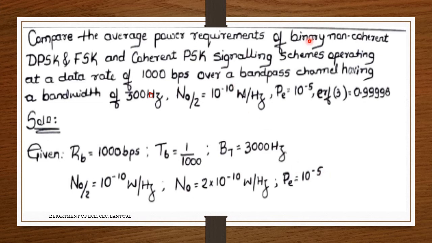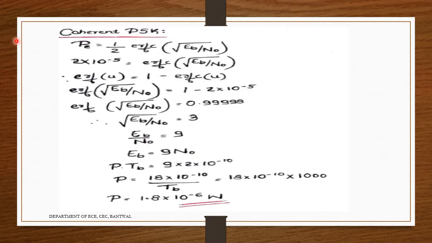So what we need to do is calculate it for coherent PSK, FSK and DPSK. We'll see here one by one. Coherent PSK is nothing but P is equal to 1 by 2 complementary error function of square root of EB by N0. So 2 into 10 to the power of minus 5, that is what we are getting, is equal to the complementary error function of square root of EB by N0.